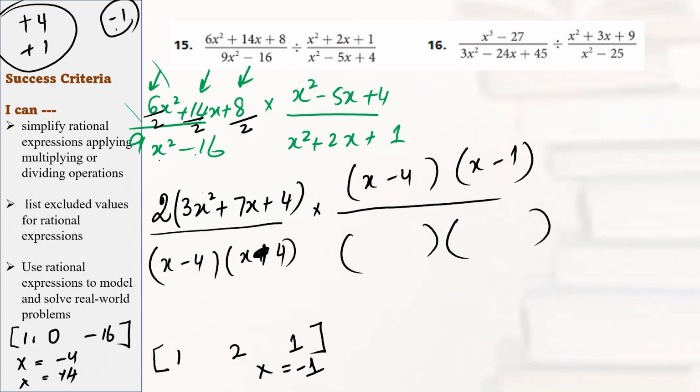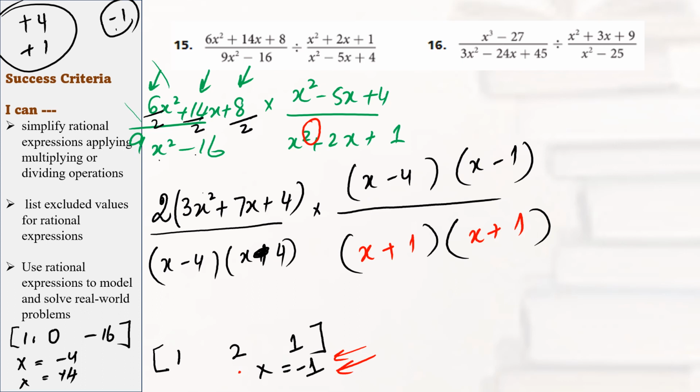Remember, whenever there is a power 2, you should have two answers. So in the calculator, it is showing 1. So x negative 1 changes into x positive 1. But although the calculator is showing you one answer, you have to write it 2 times because it has a multiplicity of 2.